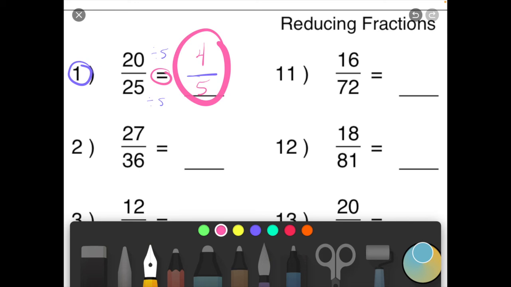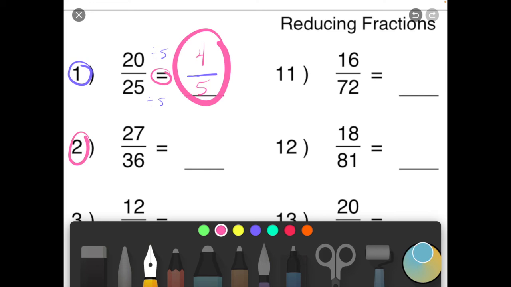The value is the same, just the number of pieces changes. 4 out of 5 is the same as 20 out of 25. If we make 4 out of 5 free throws and somebody else makes 20 out of 25, you made the same exact percentage of free throws.